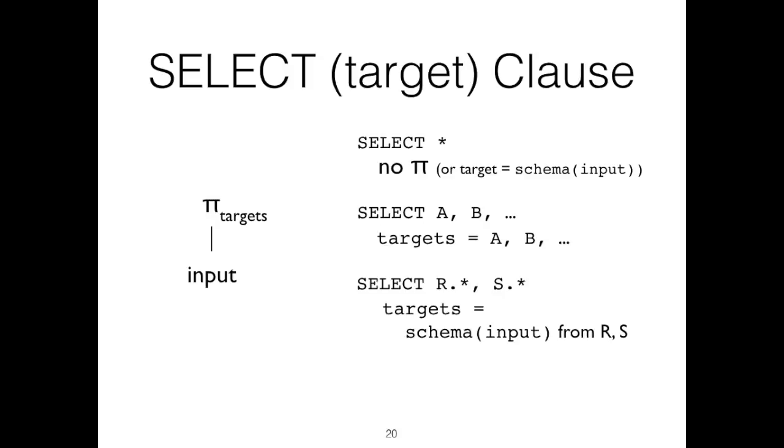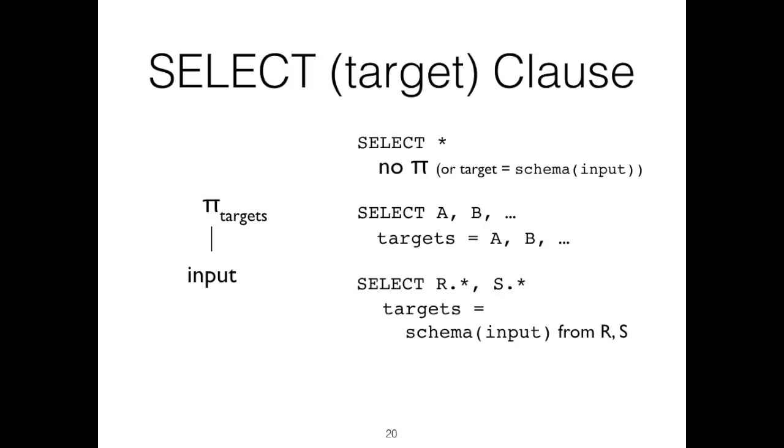The tricky thing here is when I have a projection on all of the attributes that come from a particular relation. So when you're building the schema of your input, you need to be able to identify the origin of individual attributes or columns in the output.